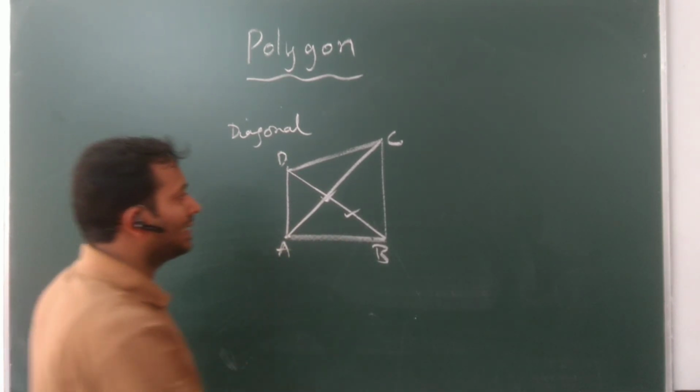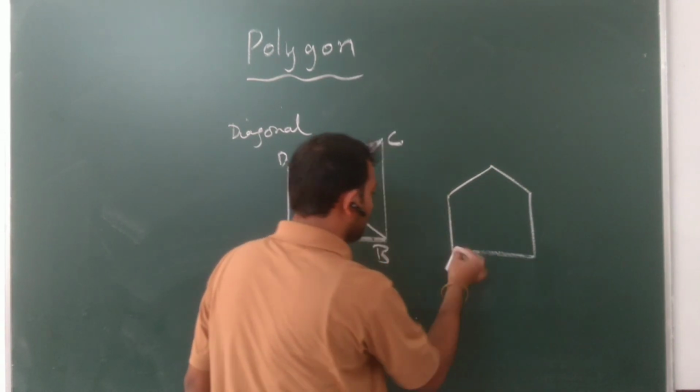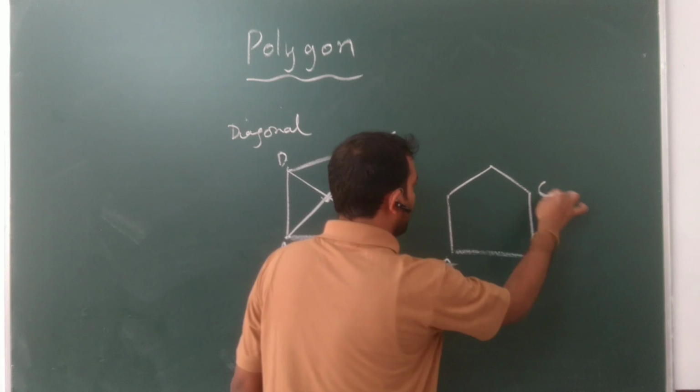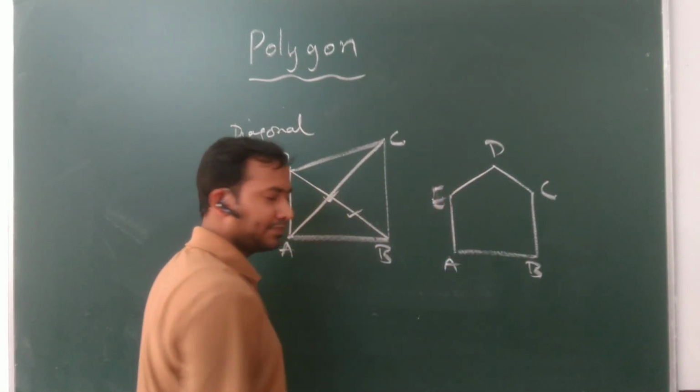Okay, we go for pentagon and we'll try to understand how to find diagonals for a pentagon and how many diagonals there are. Okay, let's see.